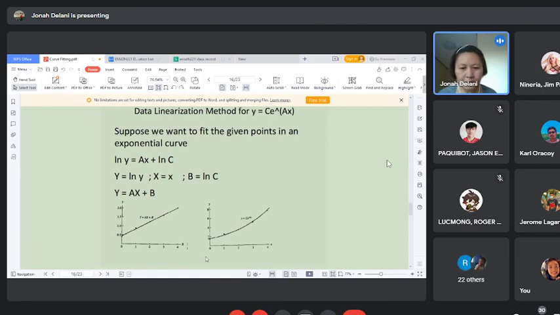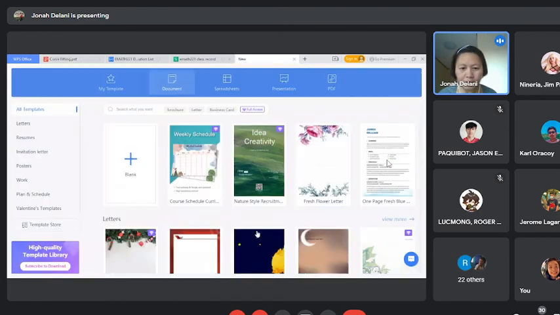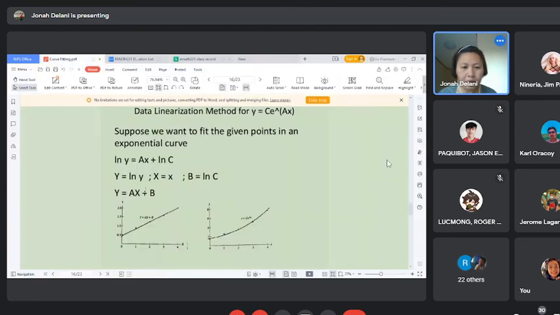So from here, b equals ln c. So how do we solve for c? We can solve for a since we linearized. The a would be this a here, and for the c, we have to solve for b first, where b is equal to ln c.